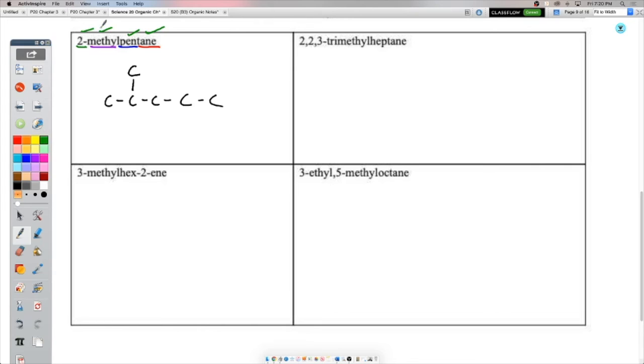Just like before, fill in everything with hydrogens until all the carbons are happy, okay? So this is making 1 bond, so it needs 1, 2, 3 more with hydrogen. This guy here is making 1 bond, so it must make 3 more. This one is already making 3, so to make 4, it only needs 1 more.